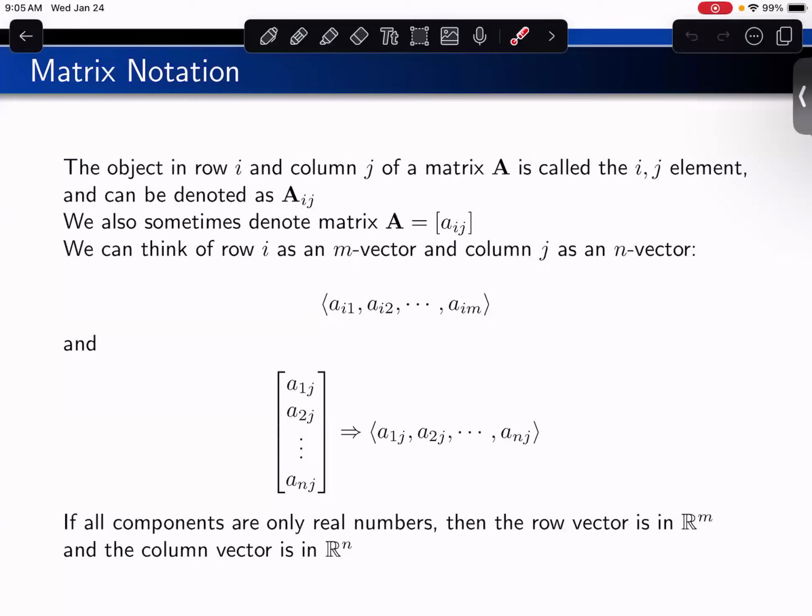A common way, not just for this class or this book, but throughout all of math, to denote a matrix is by writing it in the following way. It's saying this matrix A is a collection of these entries a_ij, where you have a double index, i corresponding to the row and j corresponding to the column. This is the ijth entry or element of your matrix.